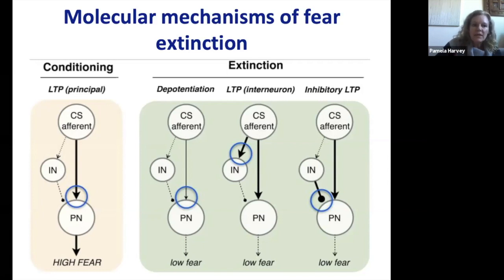So LTP can exist at excitatory synapses and also at inhibitory synapses. The excitatory synapse would be responsible for the development of conditioned fear responses, and then the potentiation at an inhibitory synapse would be responsible for the extinction of that conditioned fear response.